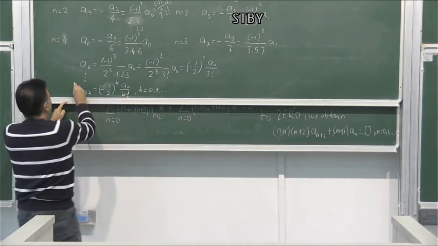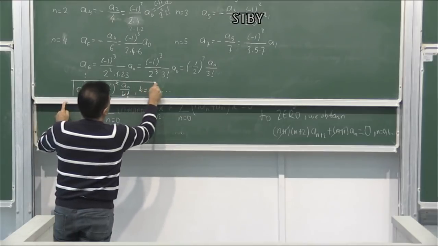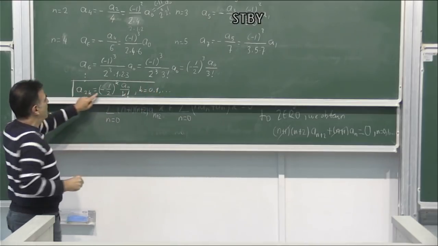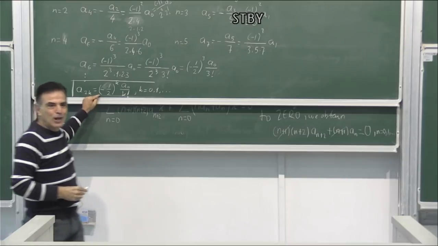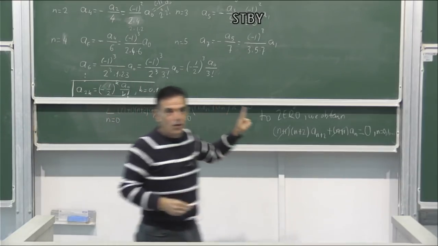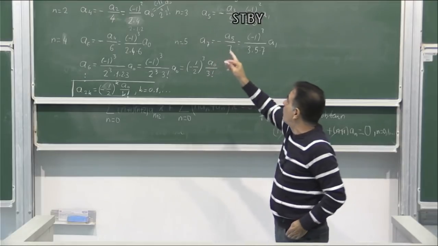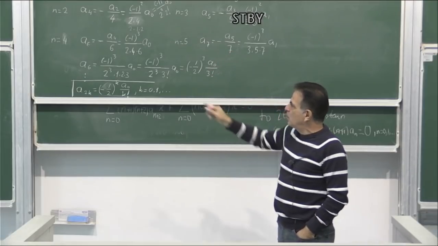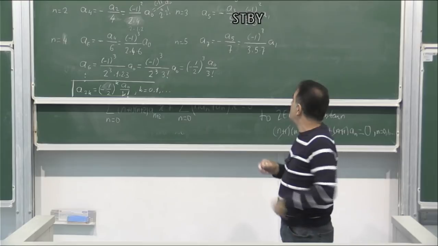Good? So very nice again. For this example, again, we find a very good formula for the coefficients in the proposed power series solution with an even index. Good?